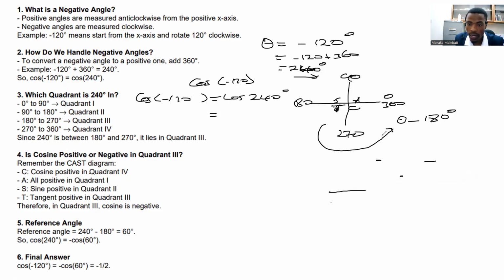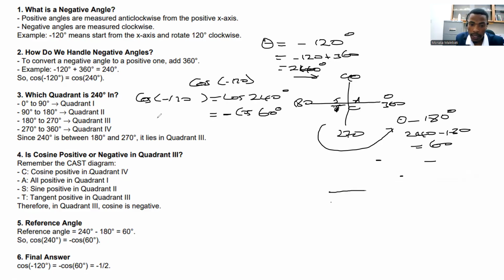Then theta is this 240, so you can say 240 minus 180, which is 60. But remember we already determined the sign. In the third quadrant, the cosine is negative. So we say cos 60, that is the reduction, right? Because here we got 60, but we said cosine is negative.